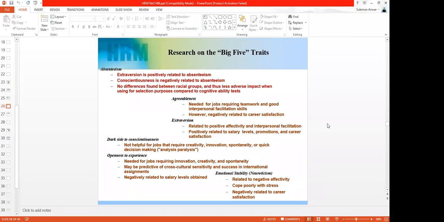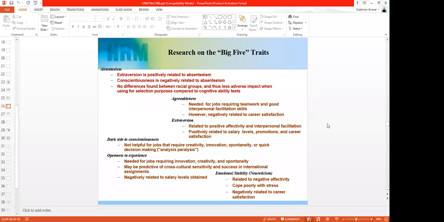When we focus on absenteeism related to jobs, the research shows that extroversion is positively related to absenteeism. That would mean the person with a higher score of extroversion would show more absenteeism, right? And conscientiousness is negatively related to absenteeism. If the score of conscientiousness is high, the person would be less absent.